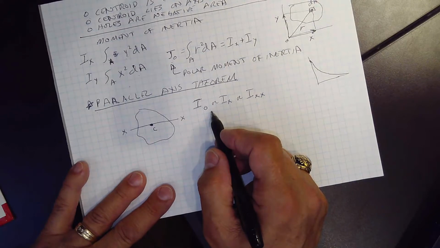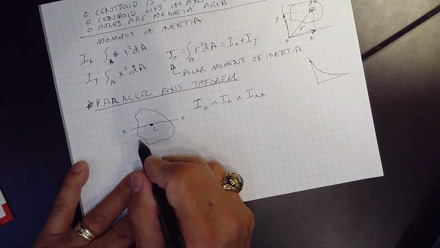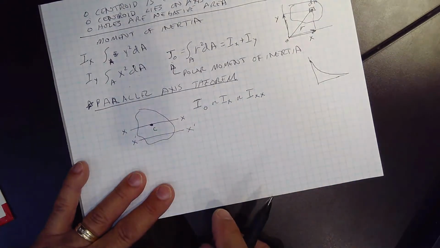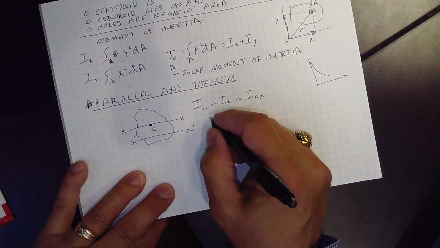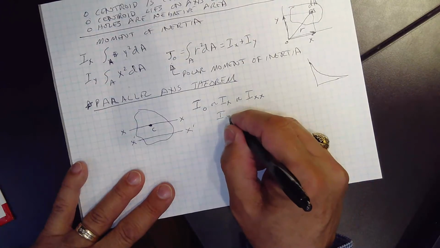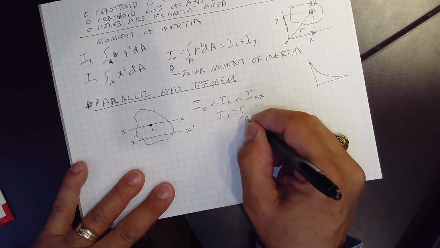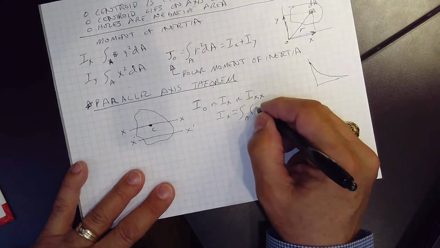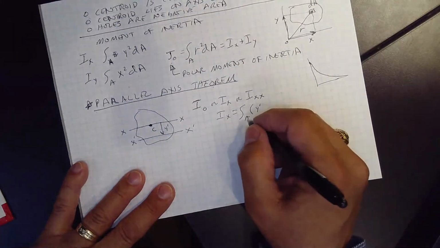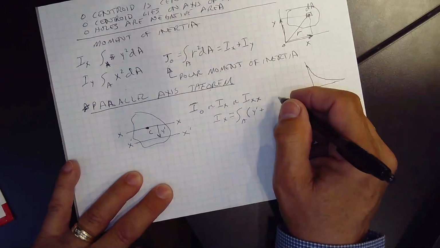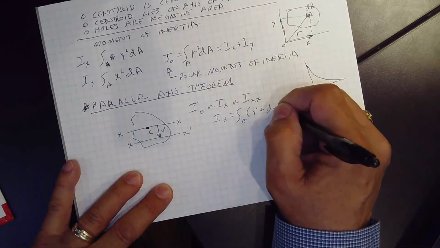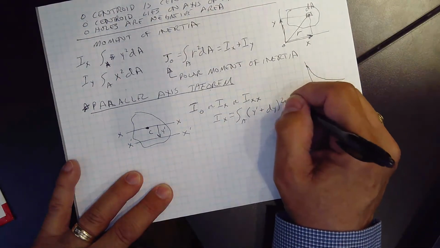But if we want to move it to another location, we want to say, well, what's the moment of inertia down here by x prime? We can calculate it as Ix prime is the integral over the area of y prime, this distance, plus dy, squared dA.